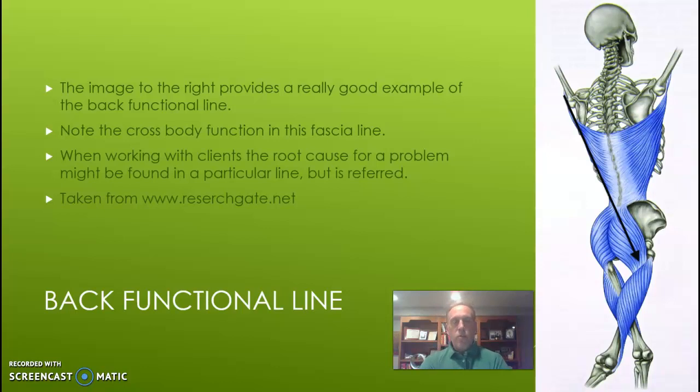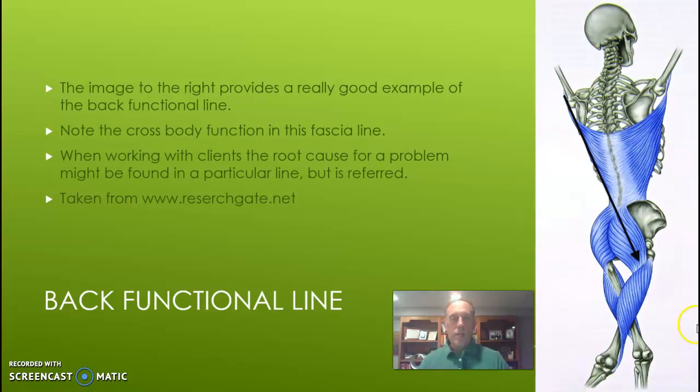And you can look at this and go, all right, this is part of a much bigger picture now, and this is a good example of a person who might have some dysfunction in one area of the body, but it's actually affecting another and manifesting itself in a different area of the body. So it becomes this process of evaluating human movement, evaluating how the human body is actually made.